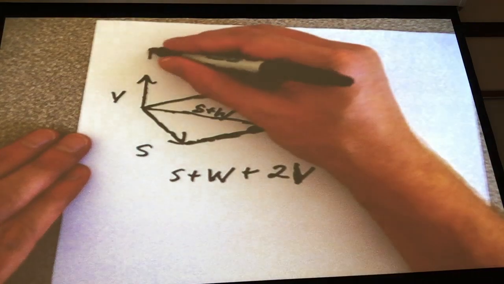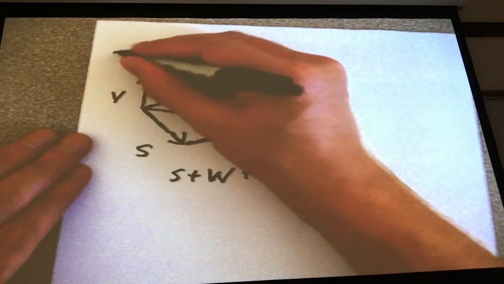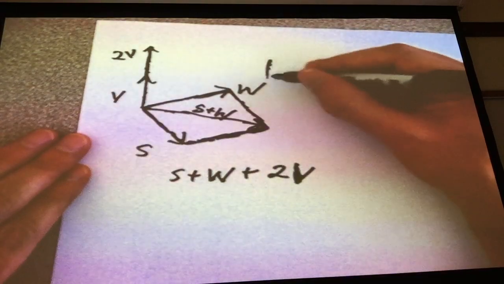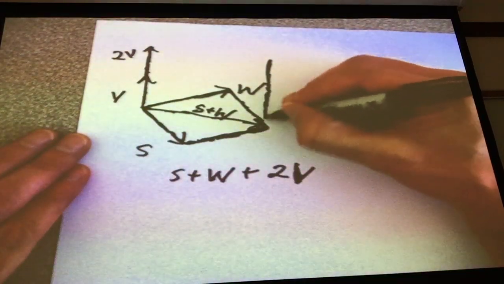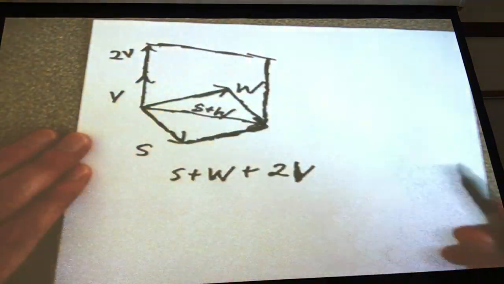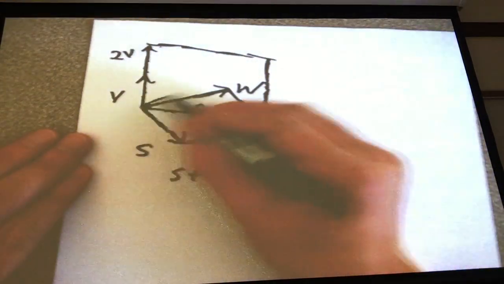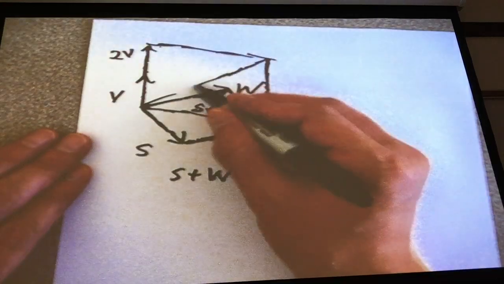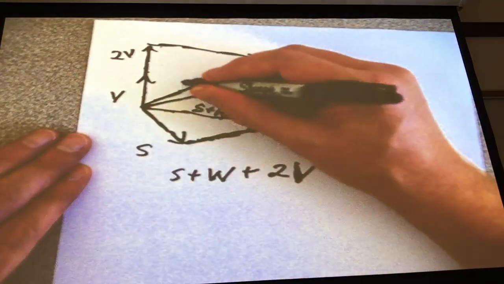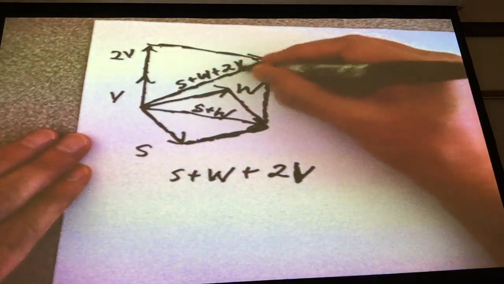So I'm going to double the length of V. So that would be 2V, parallel to each other. All right, so another parallelogram. And this would be S plus W plus 2V.